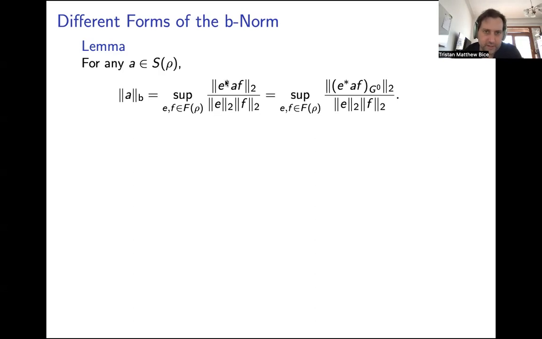I mean, you could put e here, I guess, but then you'd have to change the bottom to e star. The important thing is that on the left, you have some finitely supported guy, and on the bottom, you have the 2 norm of the star of that same guy. And again, we have a bit of a choice here whether or not we want to actually restrict the top part to G0. In the end, it won't actually make a difference.